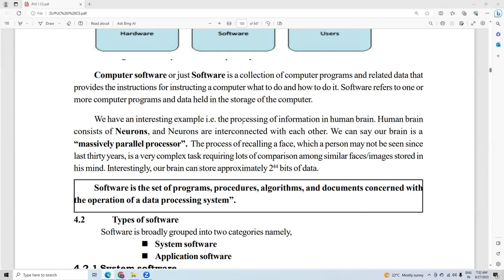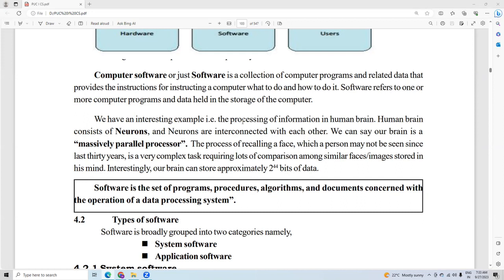Maybe many of those people's faces are a little similar to this fellow, but among all those faces, how is your brain making the evaluation that yes, this is that person only? That is why we say our brain is a massively parallel processor. At the same time, it will be handling multiple works.